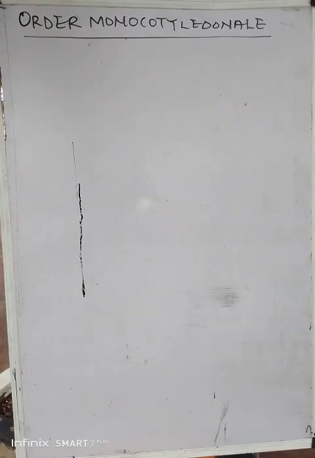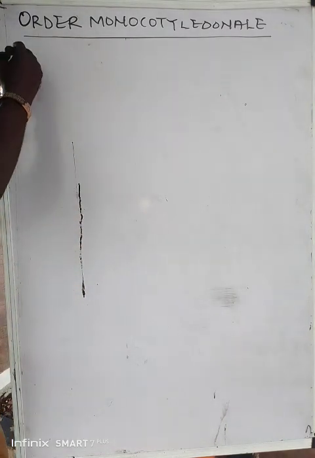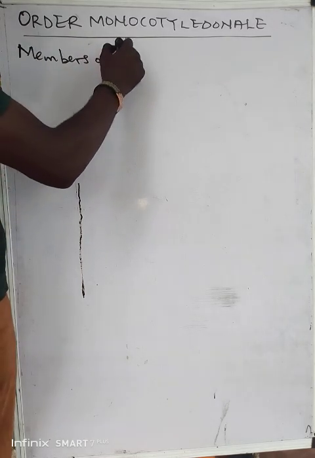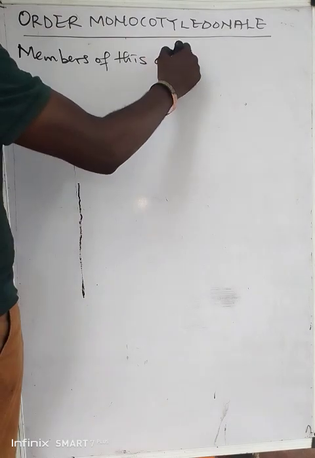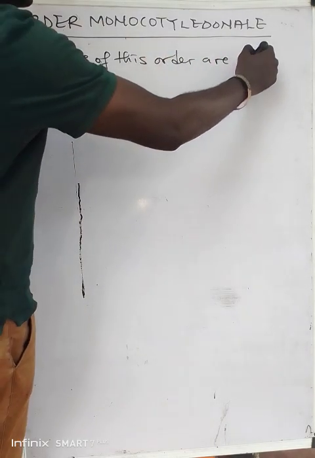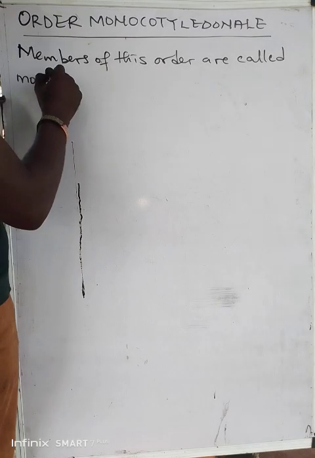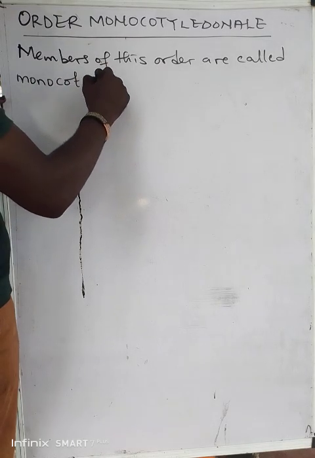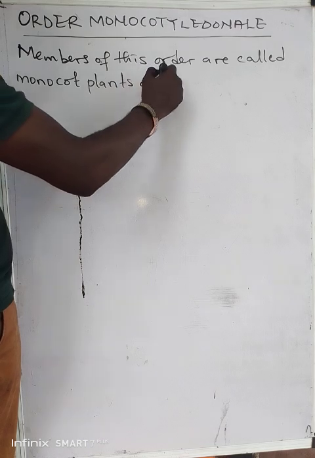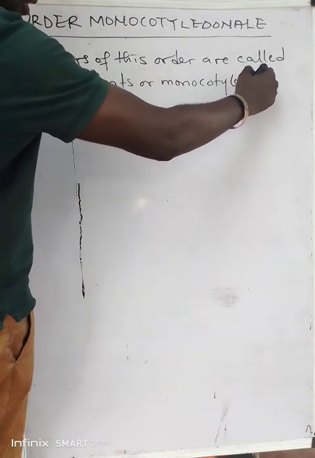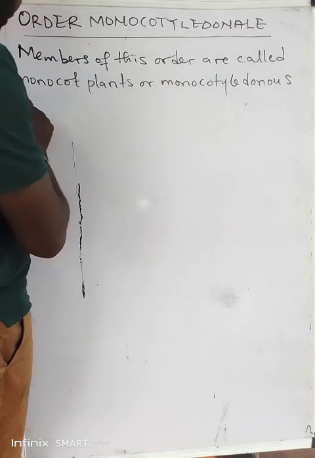Let's look at this order, Monocotyledonae. So, members of this order are called monocots. They are called what? Monocots. Monocot plants or monocotyledonous plants.